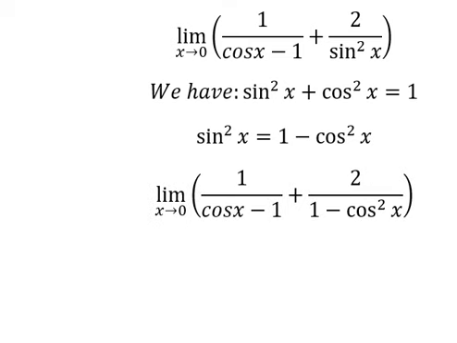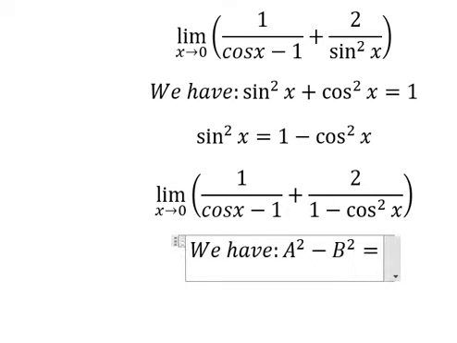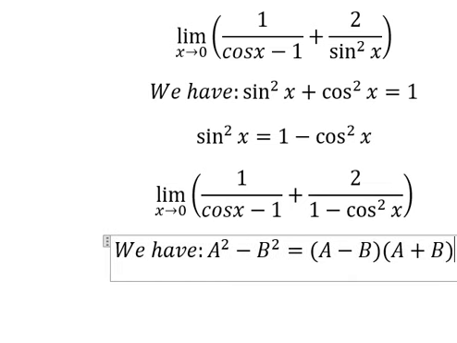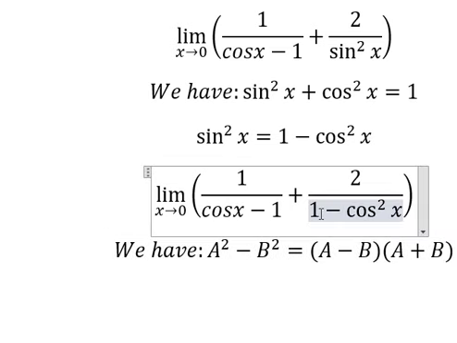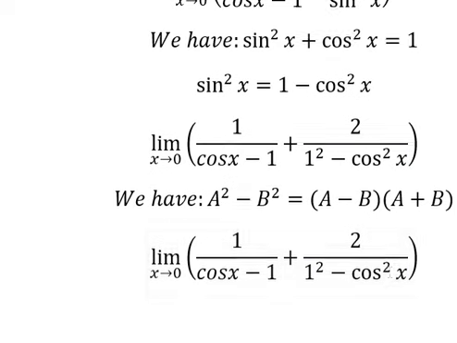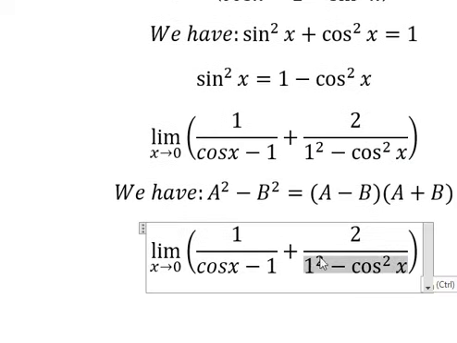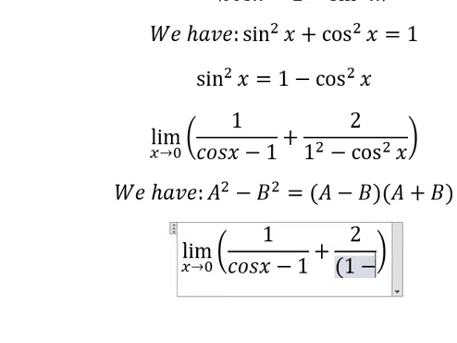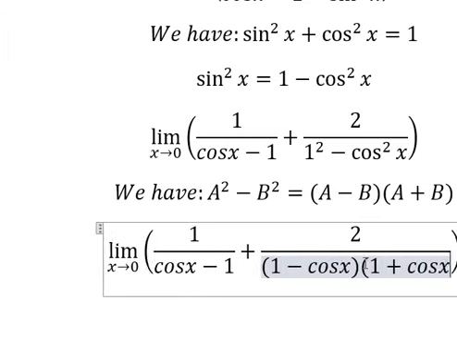Next, we have the second formula in here. Number one, that is about 1 square. So this one, we need to change by this one, and we have 1 minus cosine x, 1 plus cosine x.